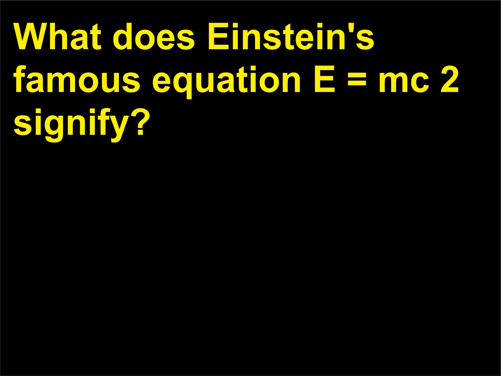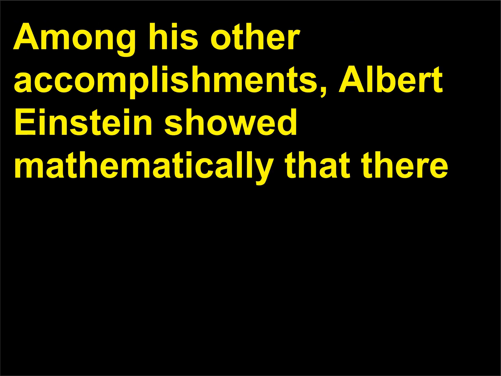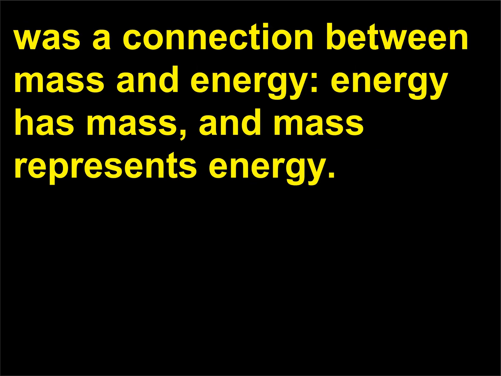What does Einstein's famous equation E equals mc² signify? Among his other accomplishments, Albert Einstein showed mathematically that there was a connection between mass and energy: energy has mass, and mass represents energy.